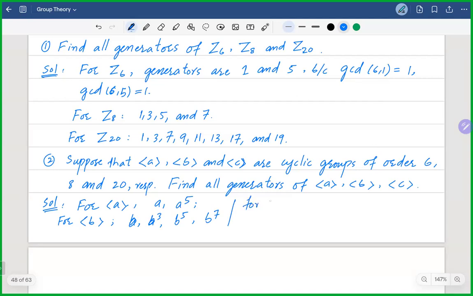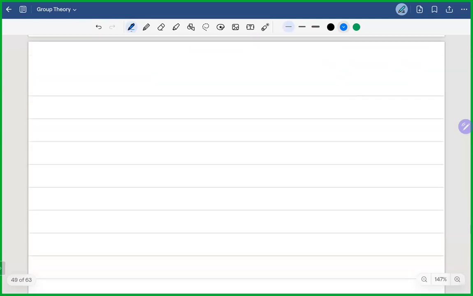And for C, we have C, C cube, C power 7, C power 9, C power 11, C power 13, C power 17, C power 19. And that's it.